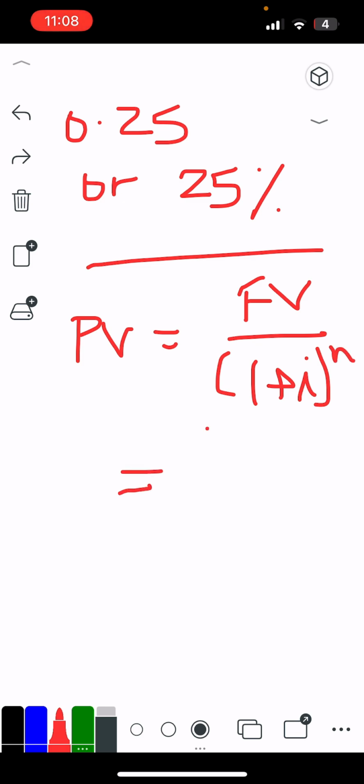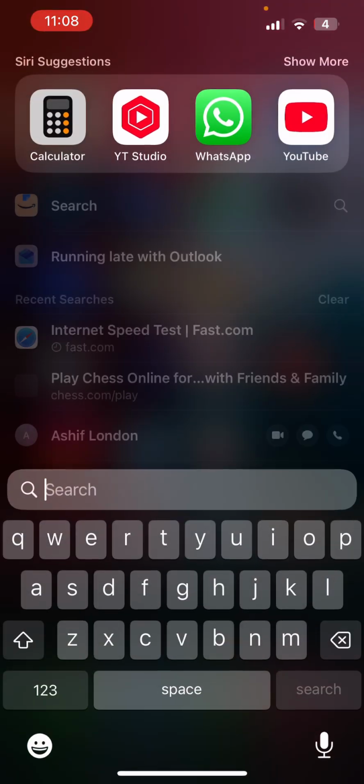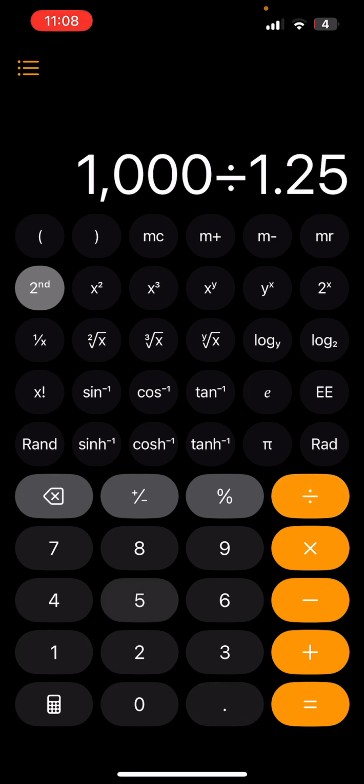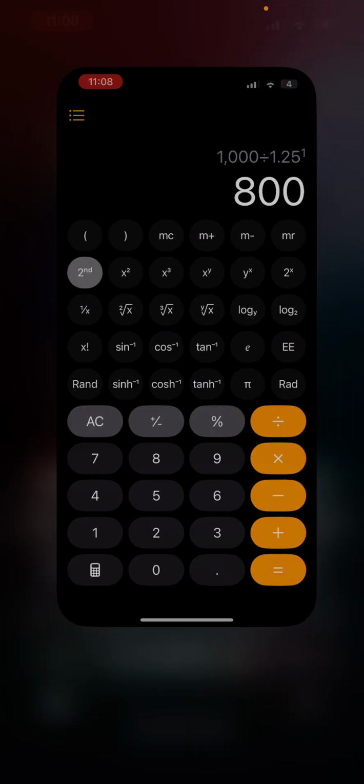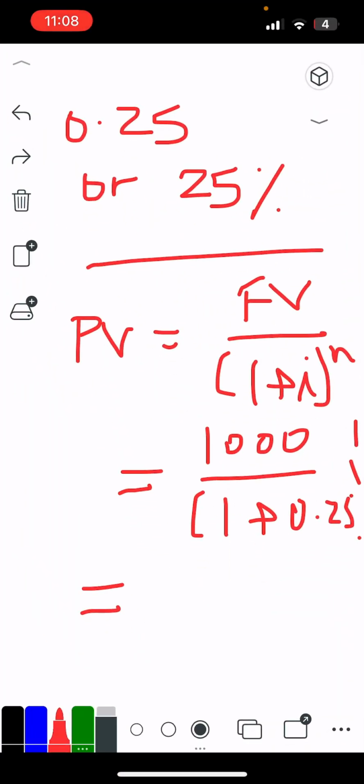We know face value is 1,000. So this is 1 plus 0.25 all raised to n, which is 1. So this will be 1.25. So 1,000 divided by 1.25, all raised to 1. This will be $800. And this is what you paid for these bonds.